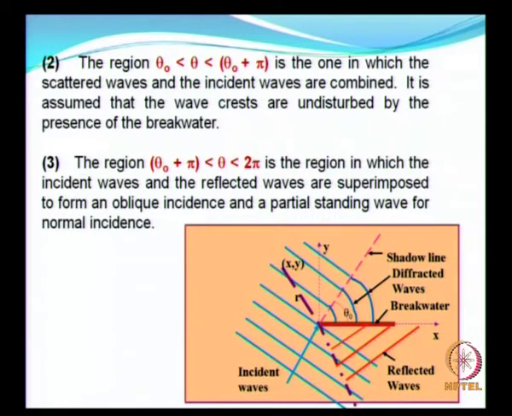So you see that there is a kind of complex phenomena that would be taking place when you have a structure in the coastal area, in which case the water depth is normally not constant. So different conditions arise now.